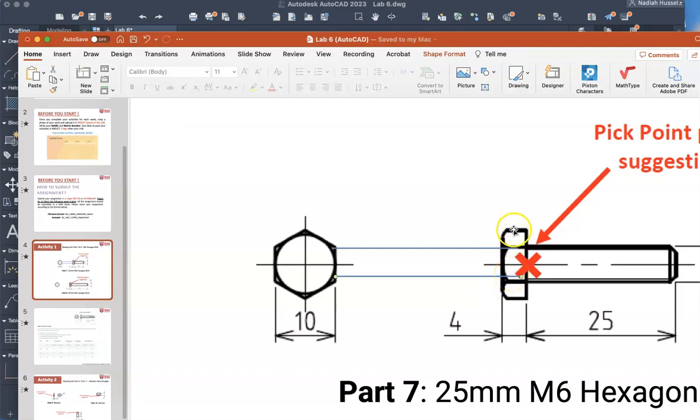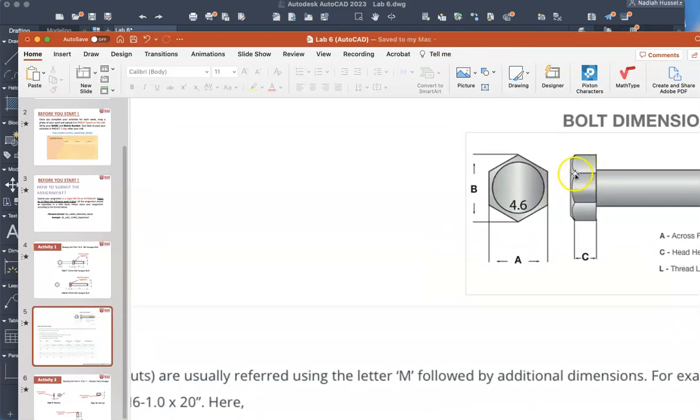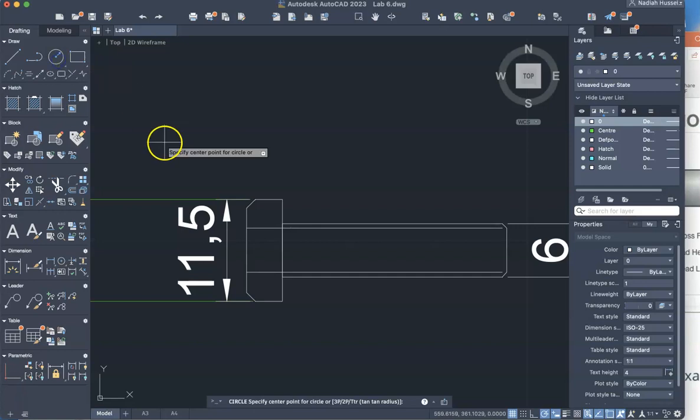And we can also make an ellipse. Since this is not really a circle, it does look like an ellipse. Now, if I were to look at a more accurate diagram, it looks like it's just rounded. Okay, let's try to make the circle first.